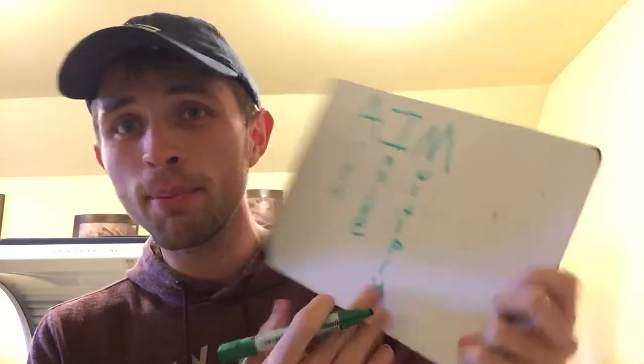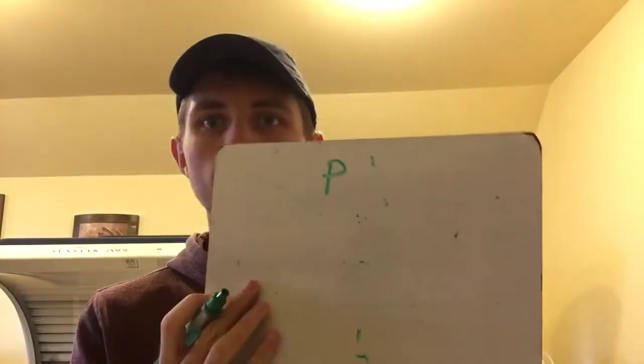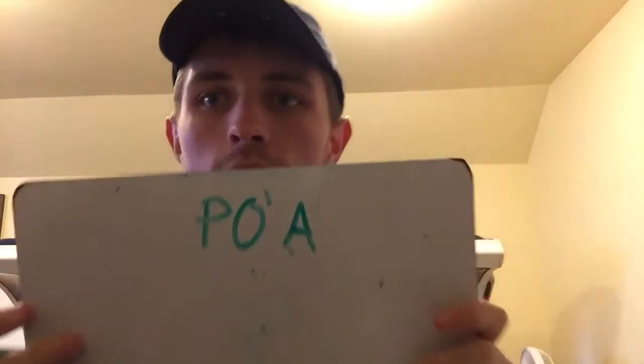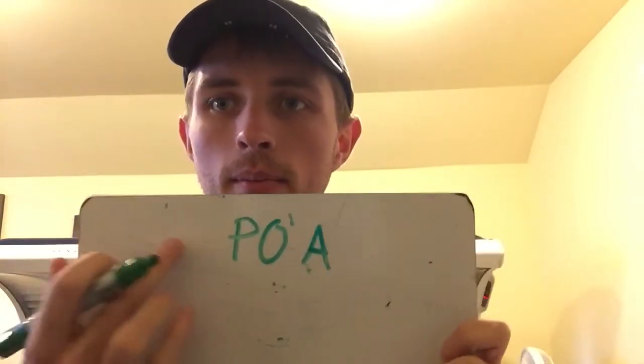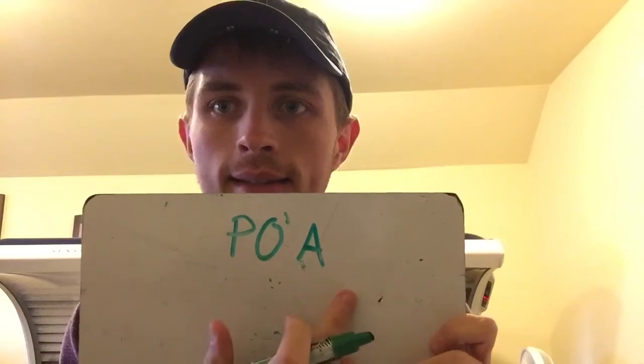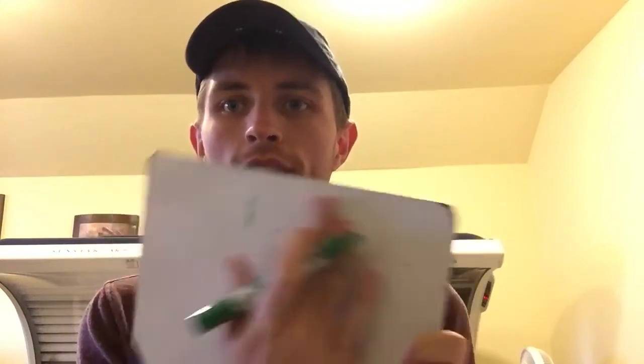This is different from perimeter, which takes place on the what? Perimeter takes place on the outside, so we add. You remember POA? But we're dealing with area. Area takes place on the inside, so we multiply.